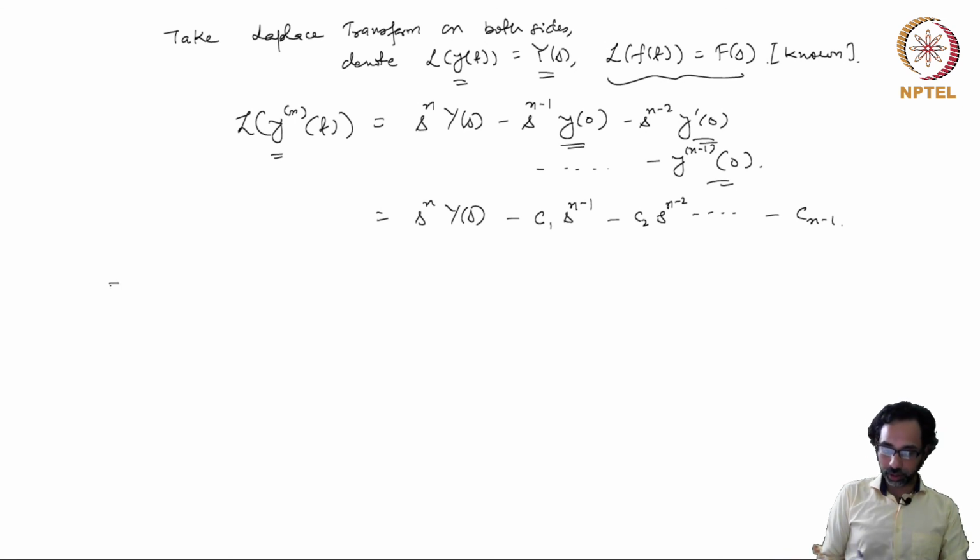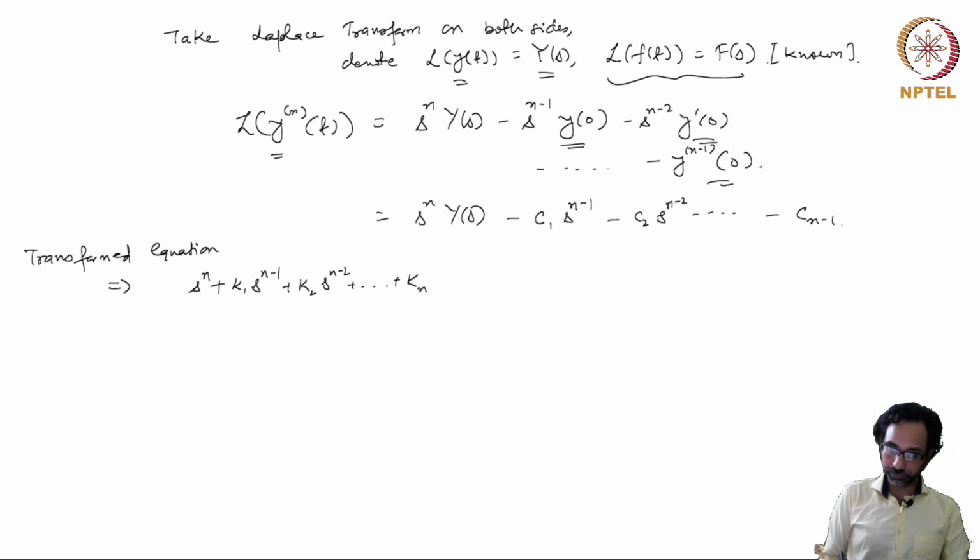So therefore our transformed equation, as it is called when you take the Laplace transform on both sides, will have some form, something like (s^n + k1 s^(n-1) + k2 s^(n-2) + up to some constant kn) times Y(s).